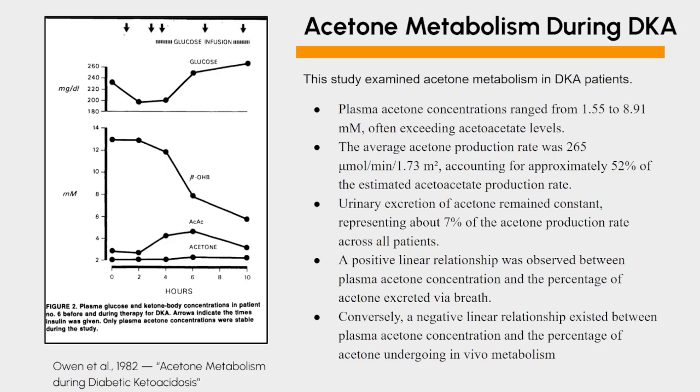You can see the reduction in the ketone bodies when insulin is administered. It is also worth noting that beta-OHB is the highest concentration of ketone body, with ACAC second and acetone third. Acetone is noticeable in the breath, but it is not what you want to measure when diagnosing DKA.